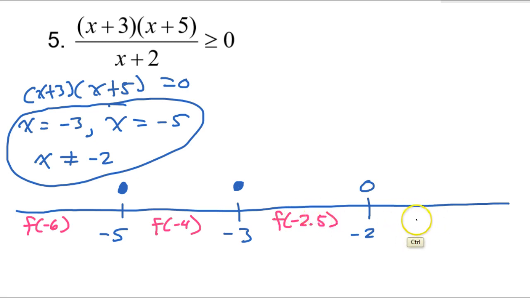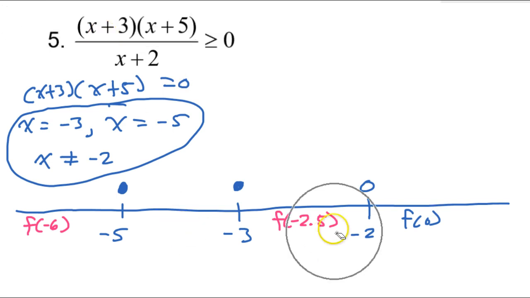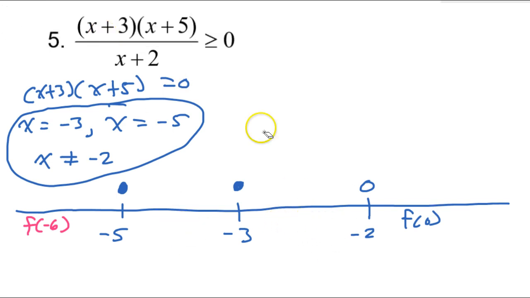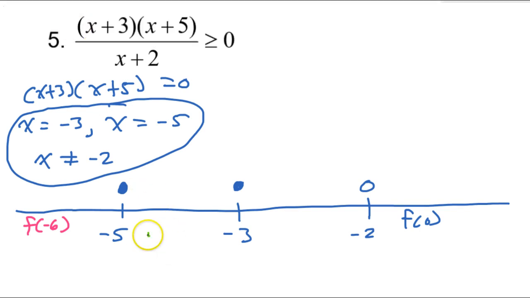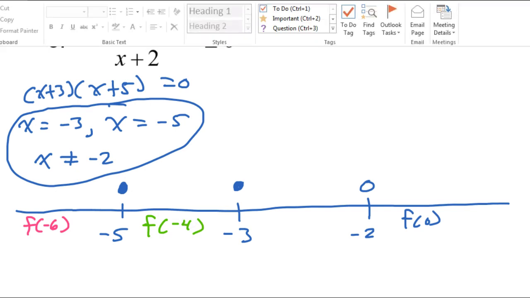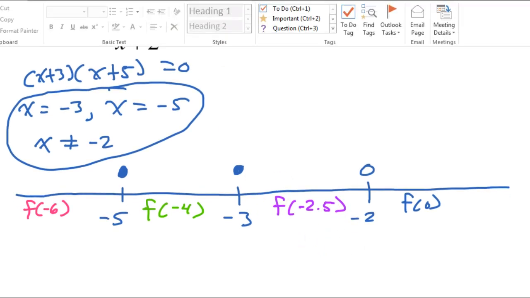And in the final interval, I'm going to do f at 0. I like to color coordinate this. But I always forget. So what did I say? Negative 4 and negative 2.5. Okay, let's see what we've got.